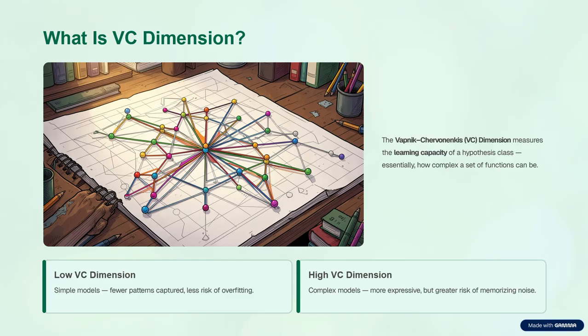What is VC dimension? VC dimension measures the capacity or complexity of a machine learning model. It tells us how flexible a model is in learning different patterns. A model with a low VC dimension can only represent simple patterns, while a model with a high VC dimension can represent more complex patterns. However, very high complexity may lead to overfitting.